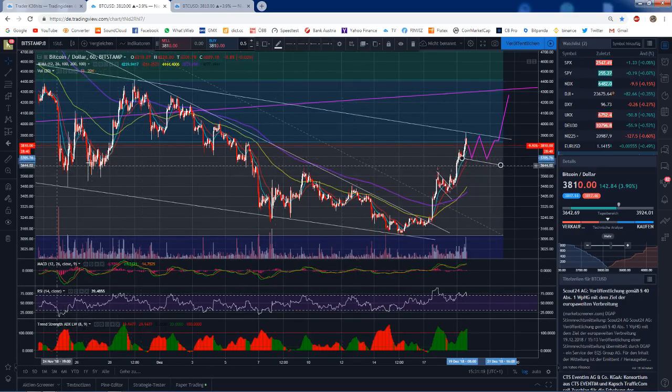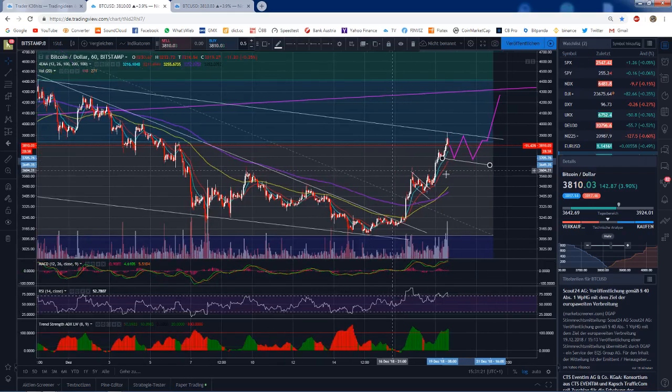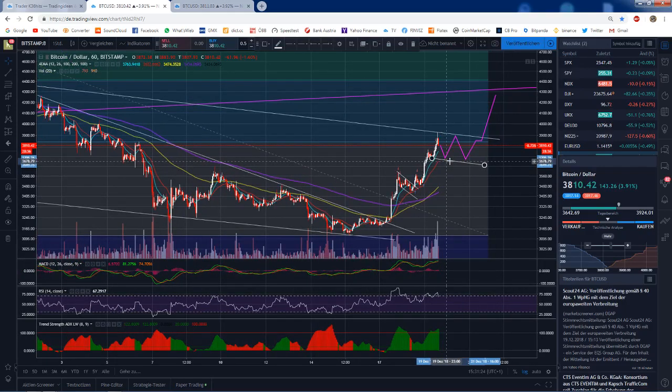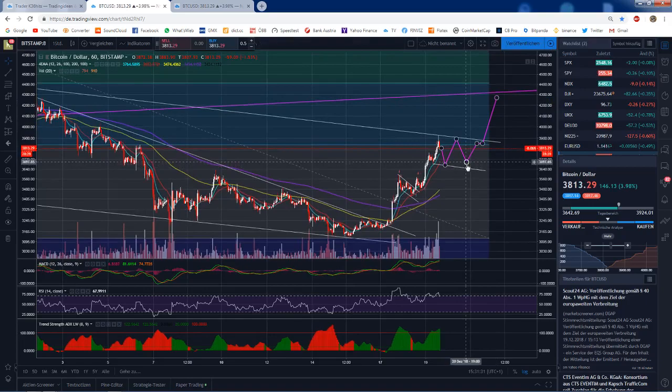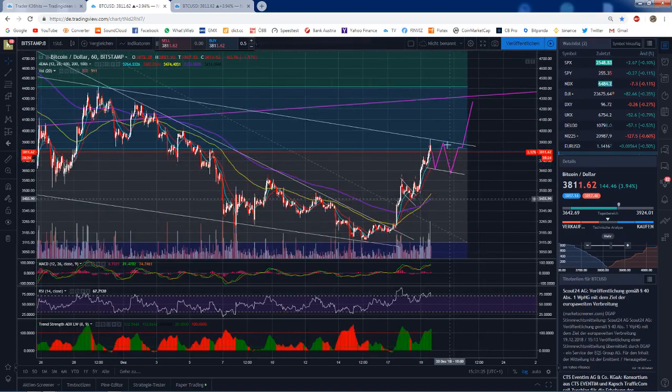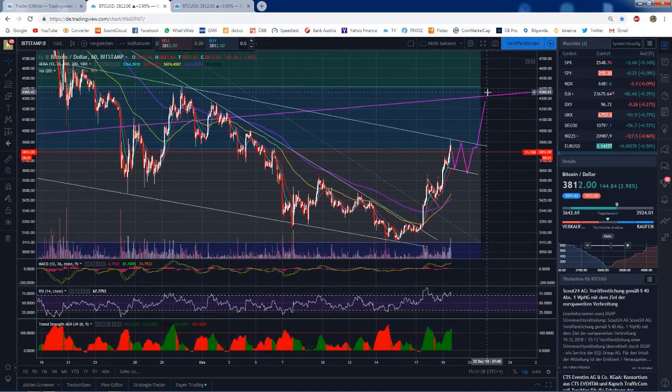You can see it has also been support down here. Then have a bull flag, and then break through, maybe go into the 618.